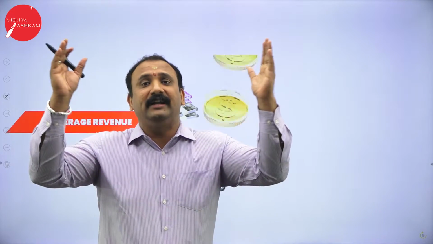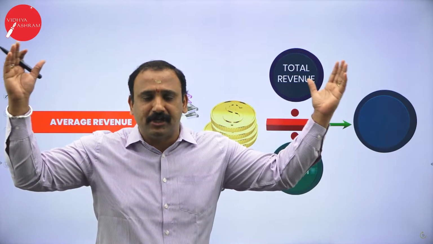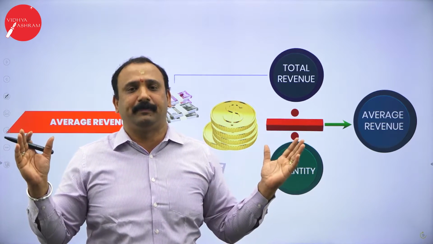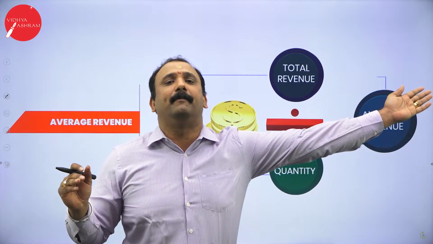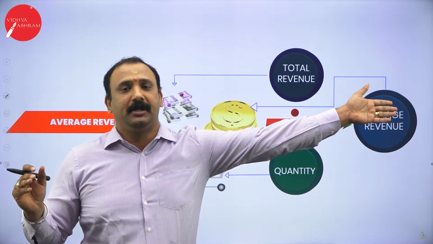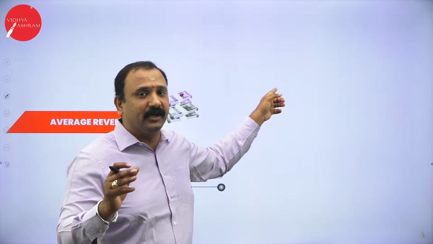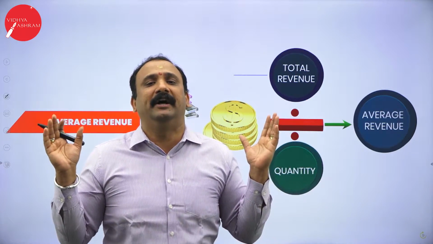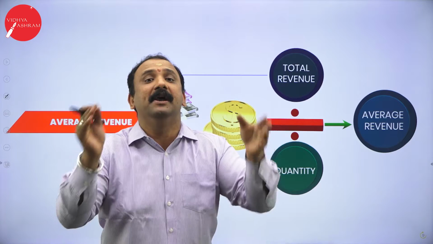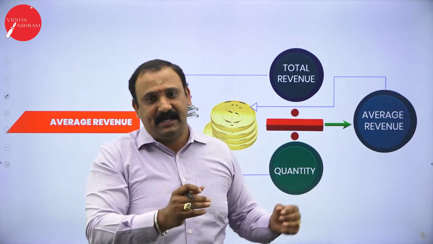So the total revenue is a combination of all the products that are produced and go to the market to be sold. So the total revenue here will indicate the total money, the total income that is being earned by the company by making the sales. So what is the quantity which you are selling?